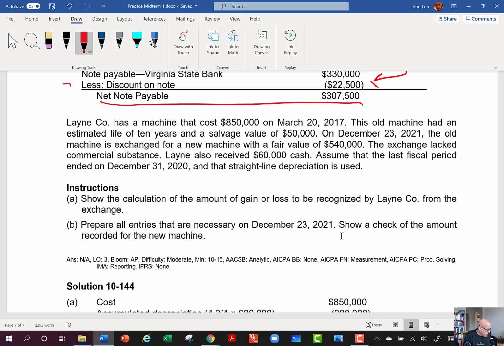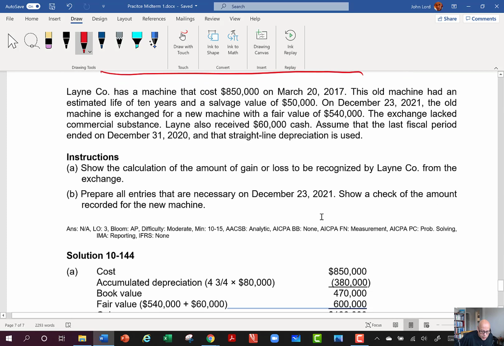Now you come over and take a look at this next question. We've got Lane Company, which has a machine that cost $850,000 on March 20th, 2017. So they're telling us they bought it for that much on that date.